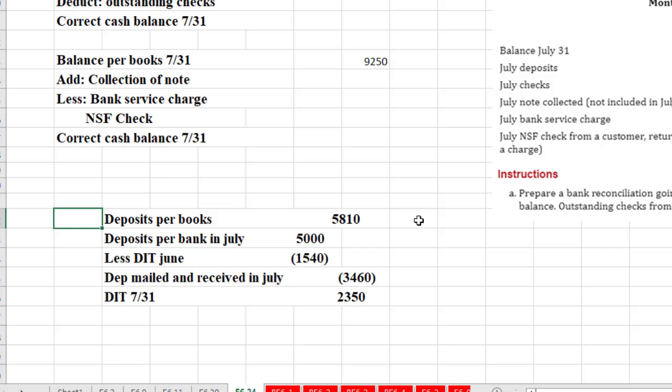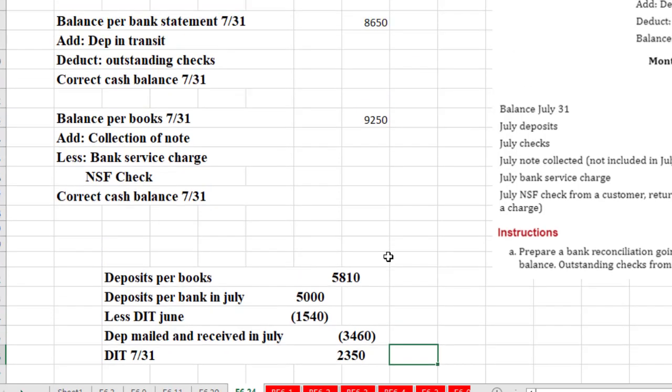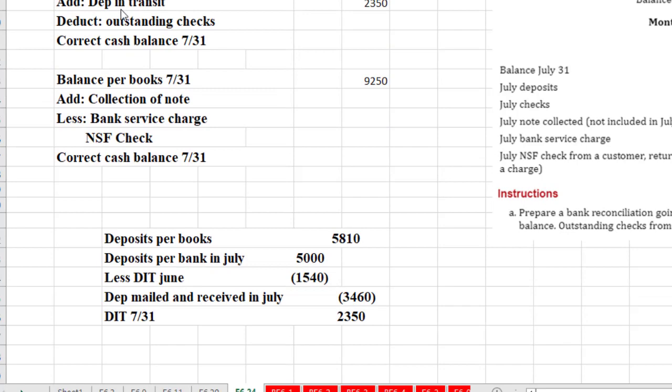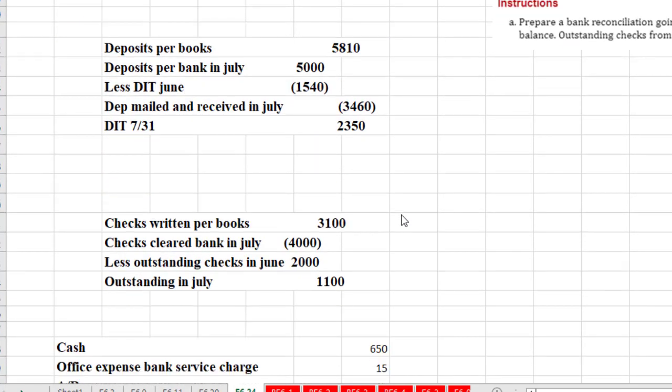So the books say we made 5,810. The bank says they received 3,460 in deposits for July. That means we have 2,350 in deposits outstanding. So now we can see that and put that into our reconciliation.